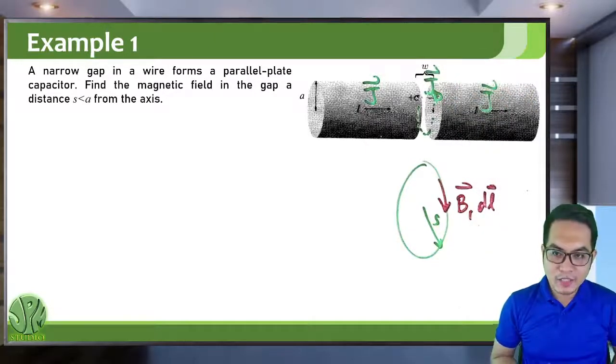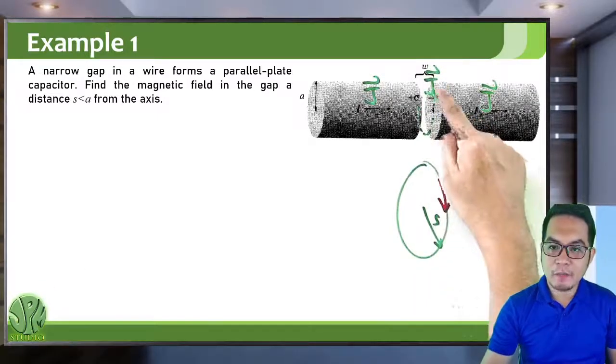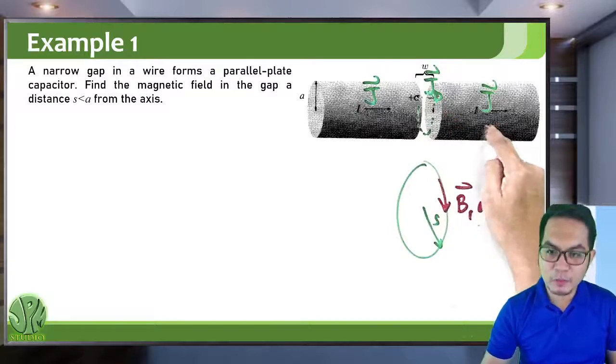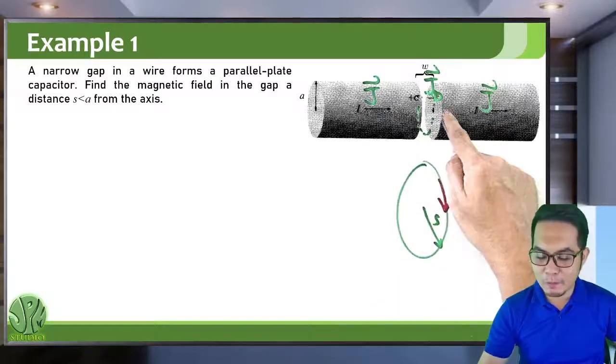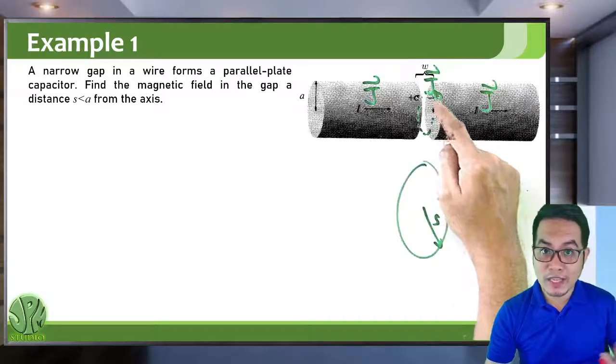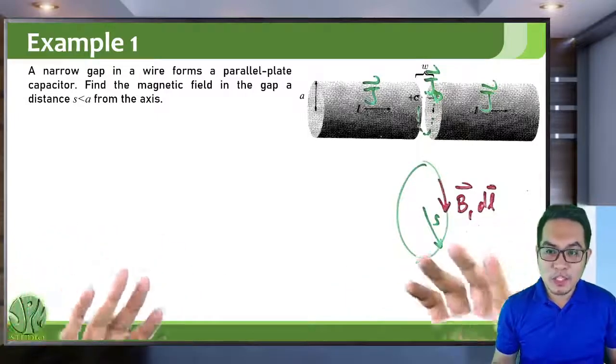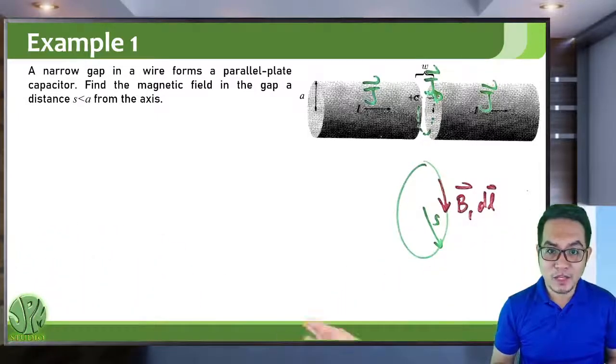So basically, the JD, the current density in the gap, must just be equal to the current density J. By the way, in the gap, there's only displacement current. There's no conduction current.